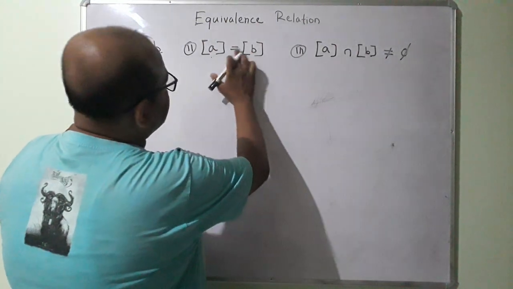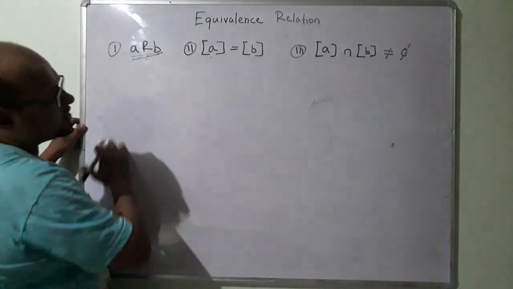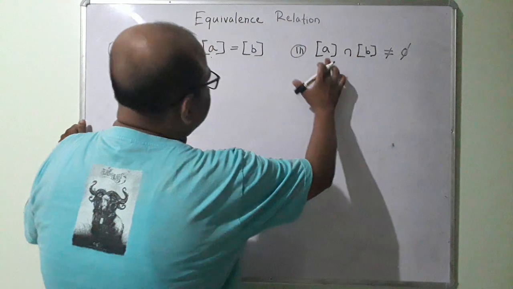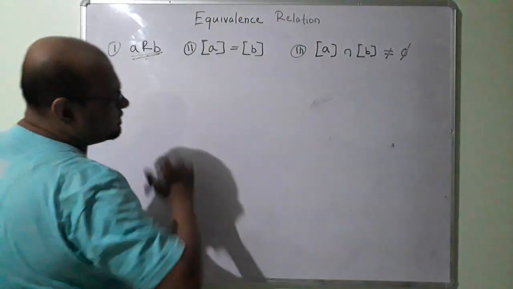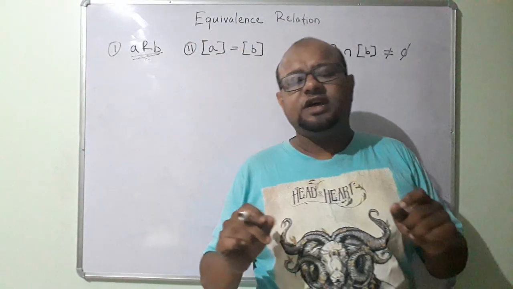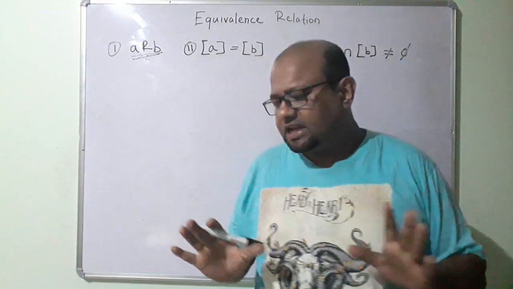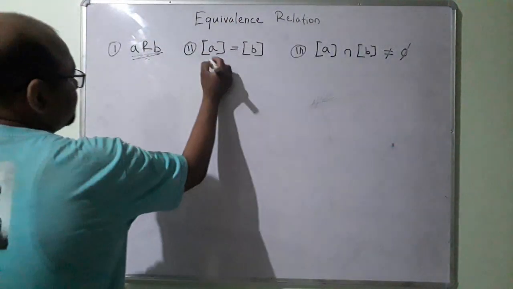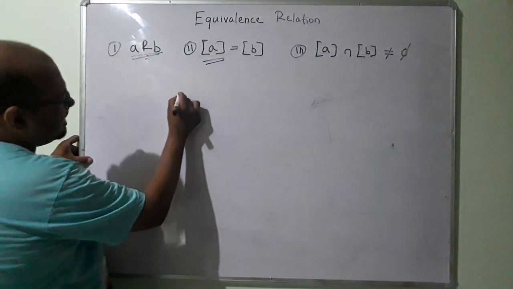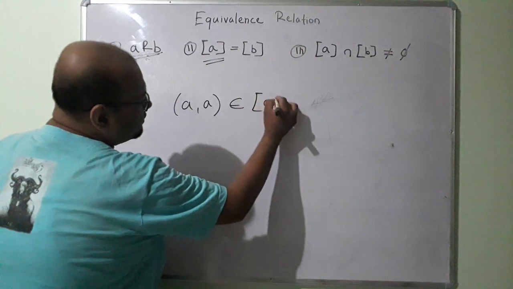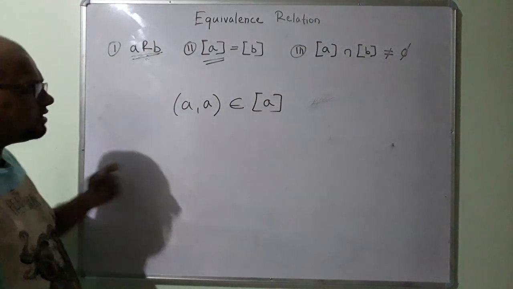A is equal to B. Alright. Now, since A is equal to B, both of them should contain equal number of elements. Now what will A contain? This A will belong to the equivalence class of A. Why?